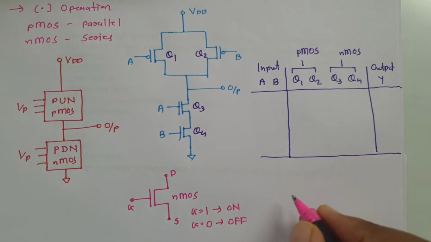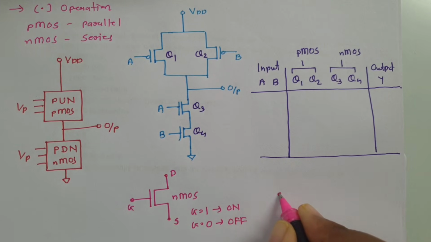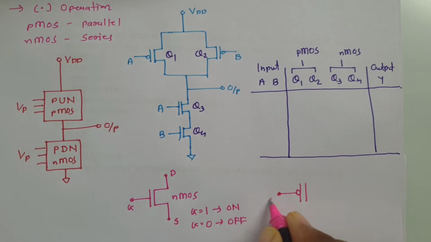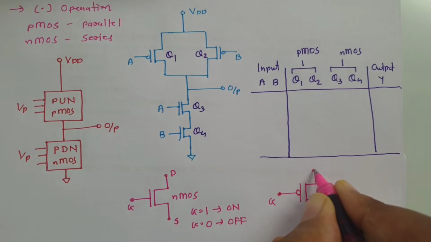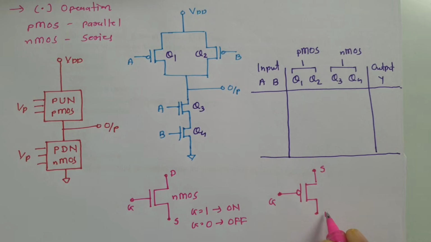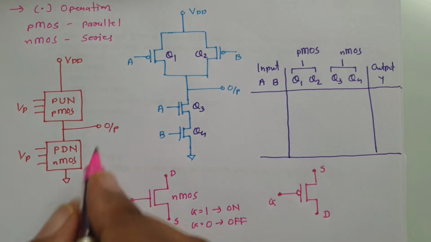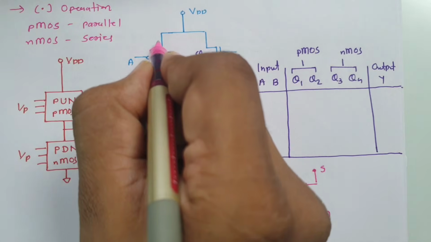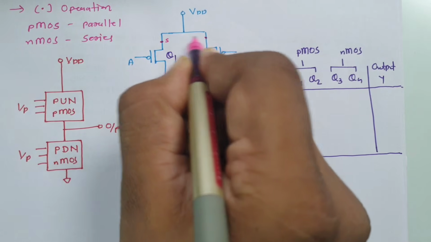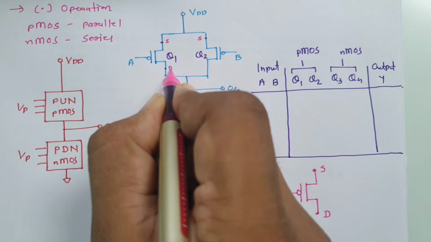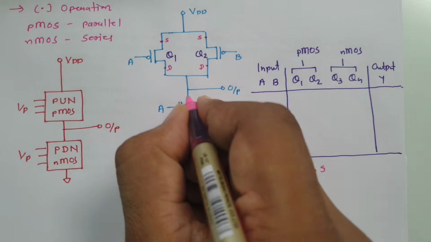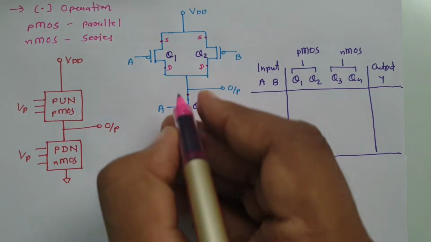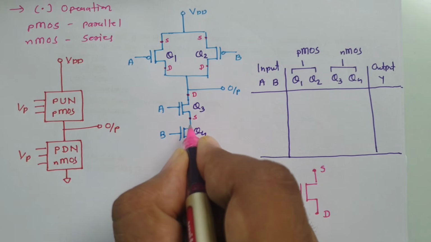And if you talk about PMOS, then in PMOS, here there will be a bubble with the gate, and this terminal will be source terminal and this terminal will be drain terminal. Right. So with this PMOS, here we have source and here we have drain, while with this NMOS, here there will be drain terminal and here there will be source terminal.